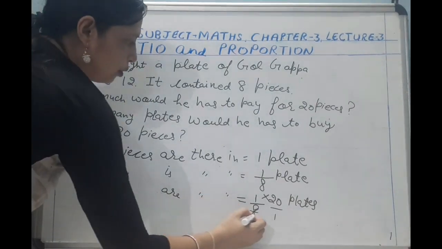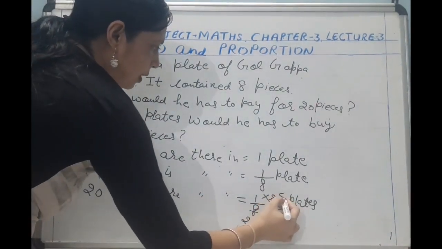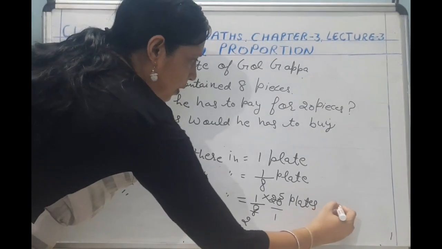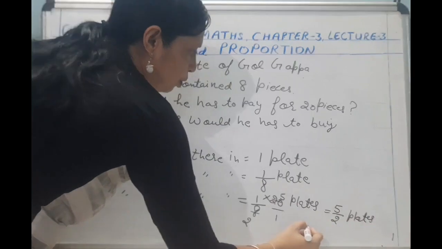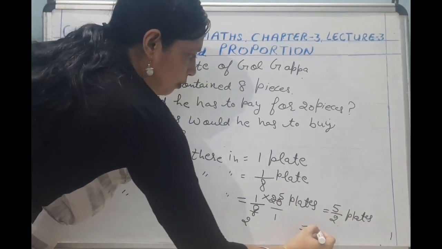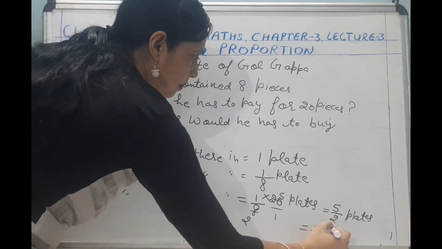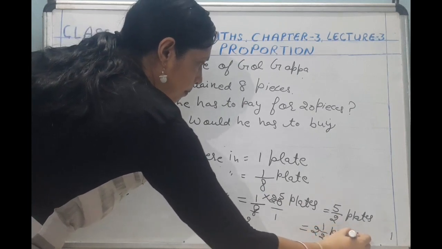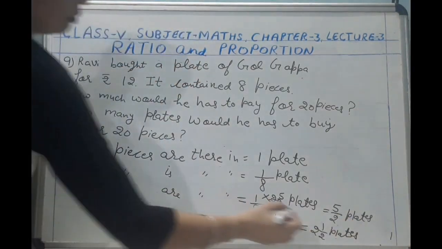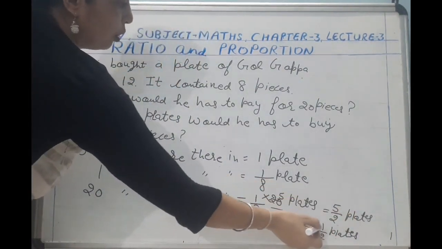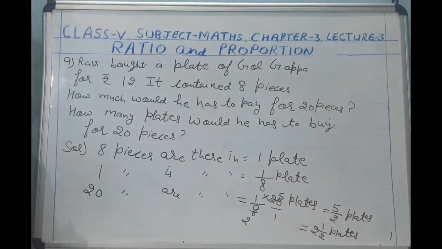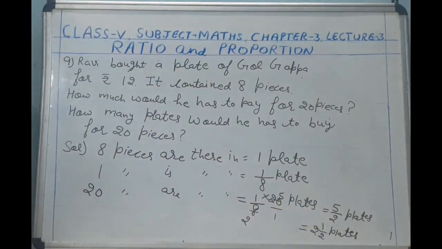Now 4 2s are 8, 4 5s are 20, 5 upon 2 plates. 5 upon 2, when you divide 5 by 2 you will get 2 1 upon 2 plates. Okay, this division if you want you can do in rough column, otherwise 2 2s are 4, 1 will be remainder, so q whole r upon d, 2 whole 1 upon 2 plates. 2 फुल प्लेट उसने ली और एक हाफ प्लेट परचेज की, जिससे उसको 20 गोलगप्पास मिल गए.